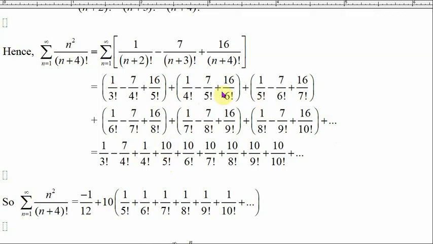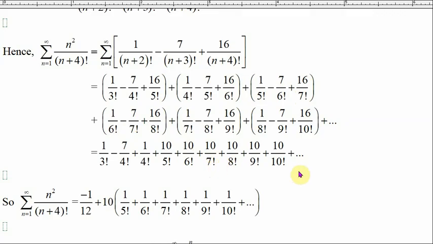And then the same thing for all of the terms with the 6 factorial in the denominator. 16 minus 7 plus 1, we get 10. And then if we look at all the terms with the 7 factorial in the denominator, we get 16 minus 7 plus 1, which is 10 over 7 factorial.